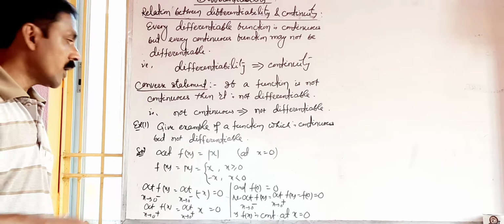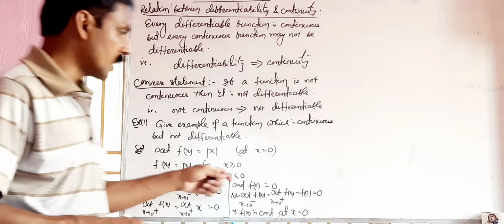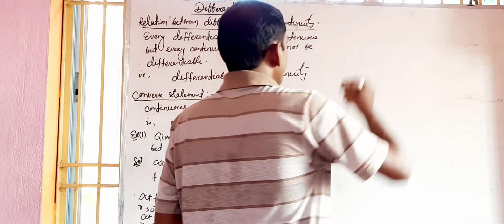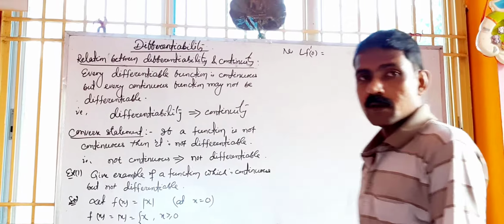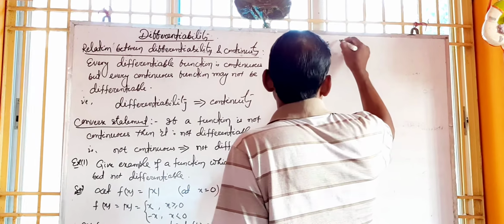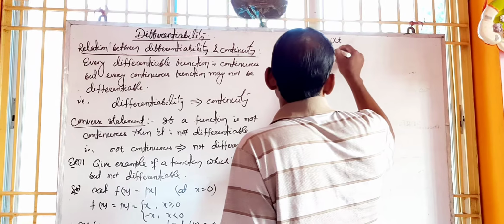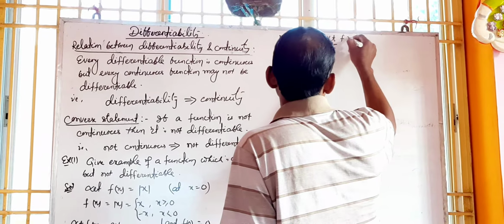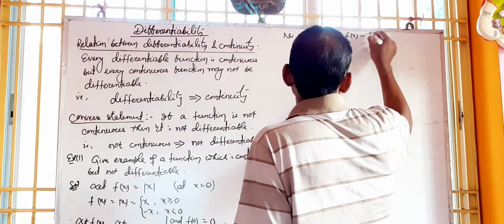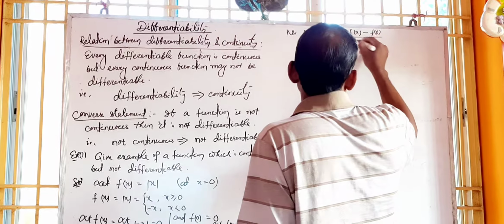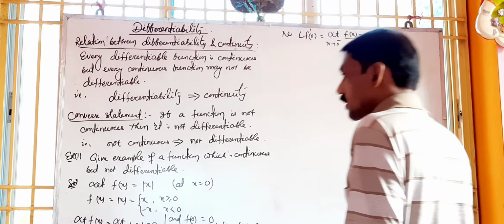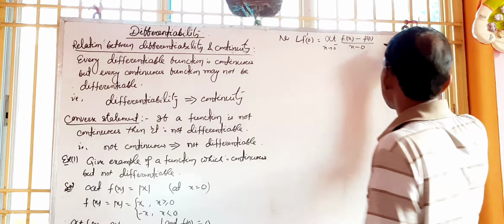But now we will check for differentiability, whether it is differentiable or not. Now go to the definition of left hand derivative. L f dash of 0 means limit x tends to 0 minus of f of x minus f of 0 by x minus 0, the derivative definition.